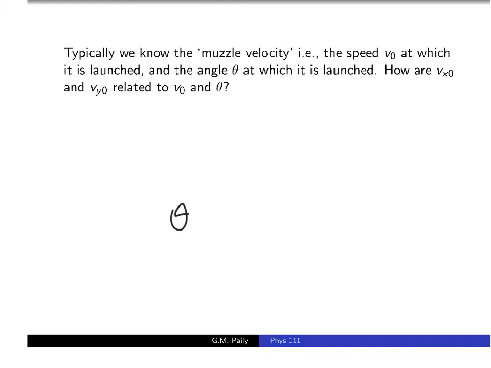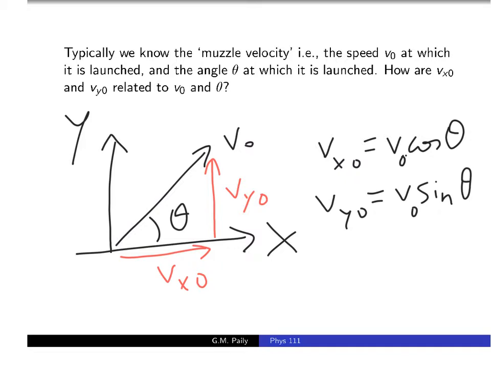Drawing a simple diagram, we see that we can use trig functions to get the components of v0. Specifically, drawing a right-angled triangle, we see that vx0 is equal to v0 cosine theta, and vy0 is equal to v0 sine theta.